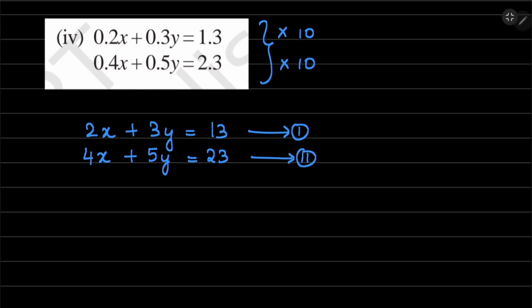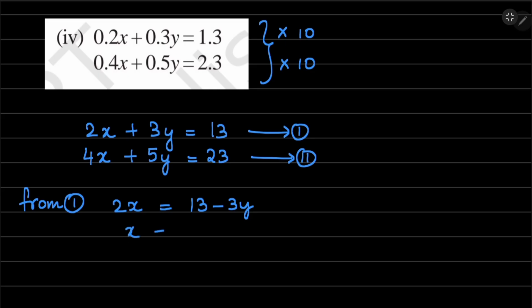So we have to take any one of the equations. Let us choose the first one and write x in terms of y. From 1, you can write 2x equal to 13 minus 3y.